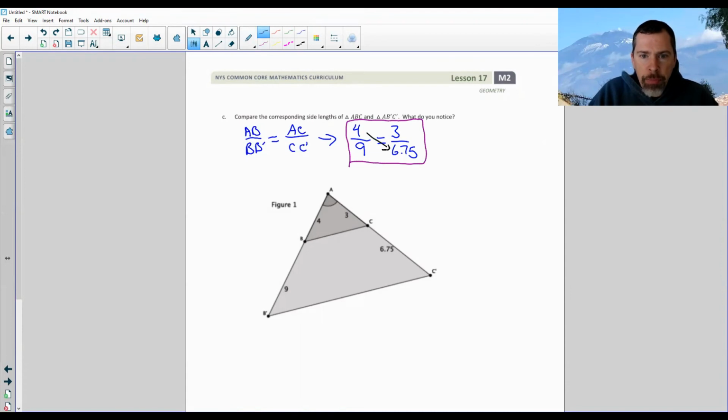If I cross multiply, like so, I get 9 times 3 equals 4 times 6.75. 9 times 3 is 27 equals 5 times 4 is 20, carry the 2. 7 times 4 is 28, plus 2 is 30, carry the 3. 6 times 4 is 24, plus 3 is 27.00. So 27 equals 27, so we do have a proportion.